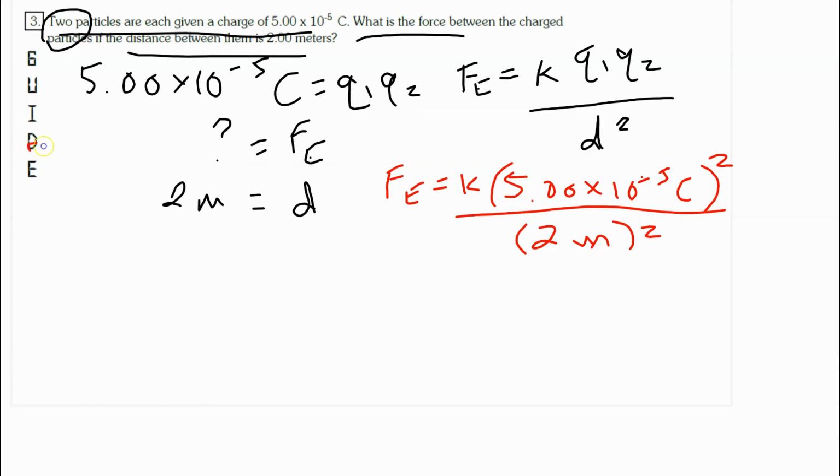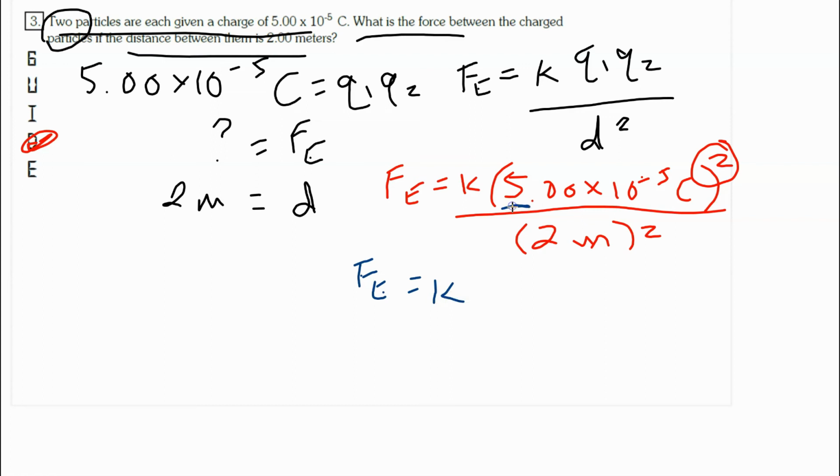The next step of doing the math is to take a look here at the power. We're going to go and square this. So let's do that. Electrical force, K value.